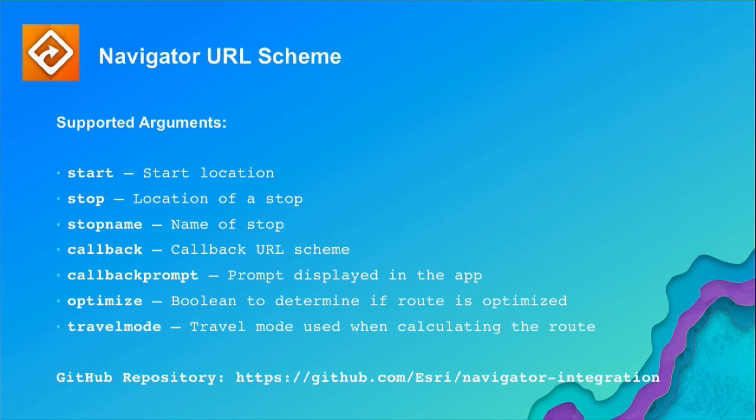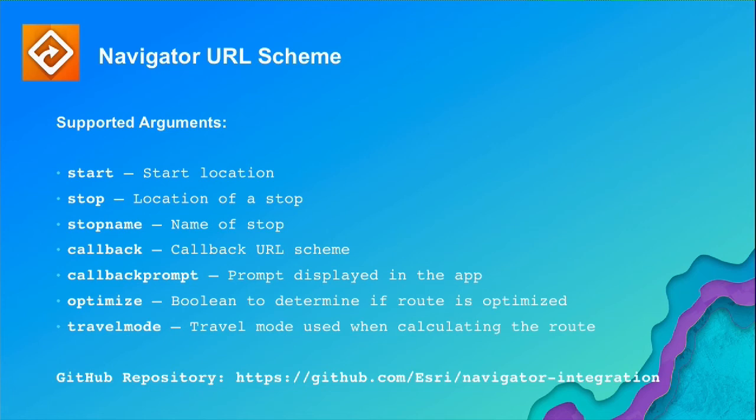You can provide a callback, and what this will do is as soon as the route navigation has completed, it'll call back to whatever application you specify here. So in the case of Workforce, in that JSON that I tried to show you, the URL for Navigator integration there has a Workforce callback in it.